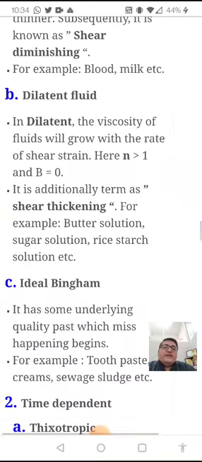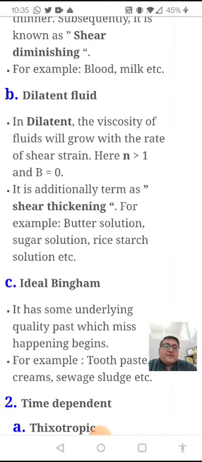The second fluid is the dilatant fluid. In a dilatant fluid, the viscosity of the fluid grows with the rate of shear strain, hence n is greater than 1. It is additionally termed shear thickening.